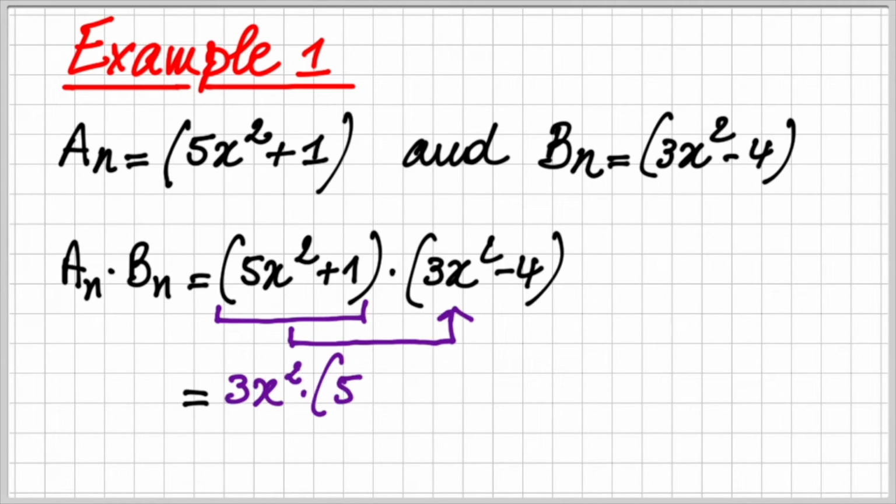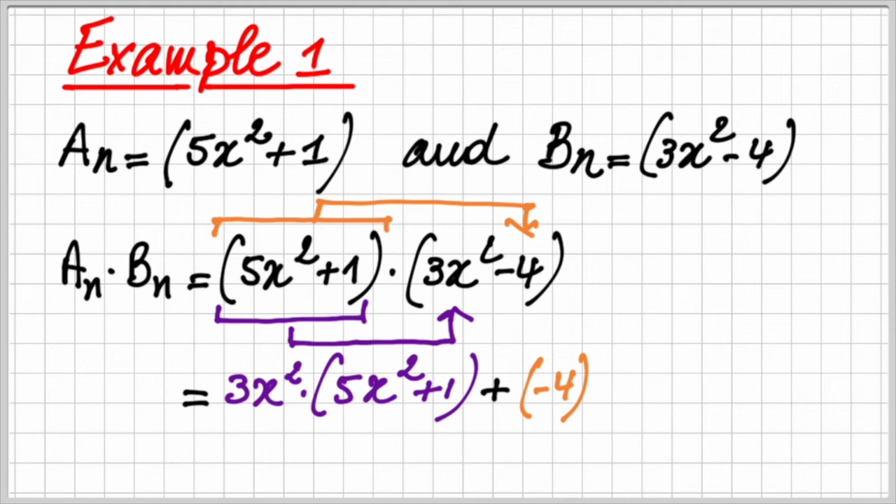So we have the first time 5x to the square plus 1, which we multiply with 3x to the square. And then we add minus 4 times 5x to the power 2 plus 1. Now we apply the distributive property on this calculation.